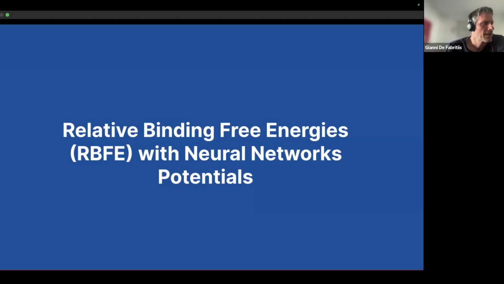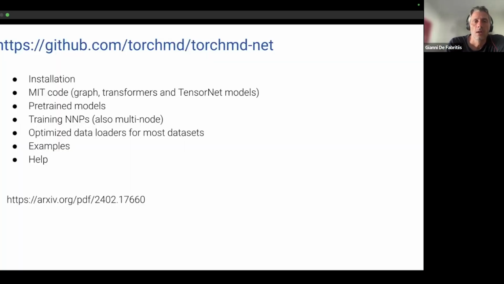I didn't specify it here, but if you go to the paper, you can see that we spent a lot of time optimizing this from a software engineering perspective, in terms of CUDA graphs, optimization, compiling, and so on, and working around PyTorch limitations.